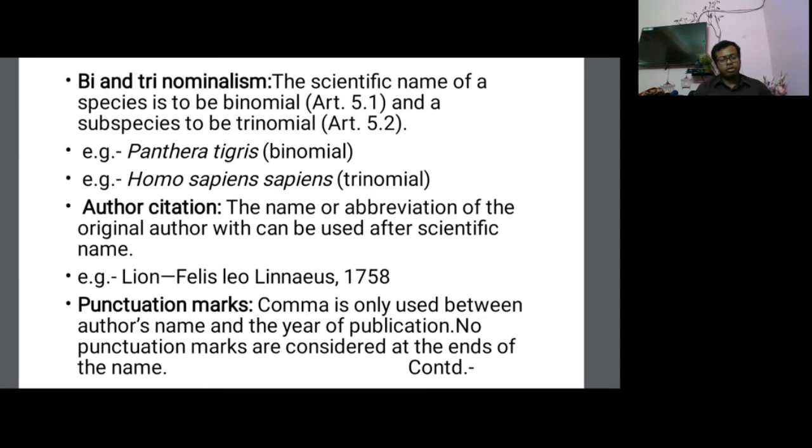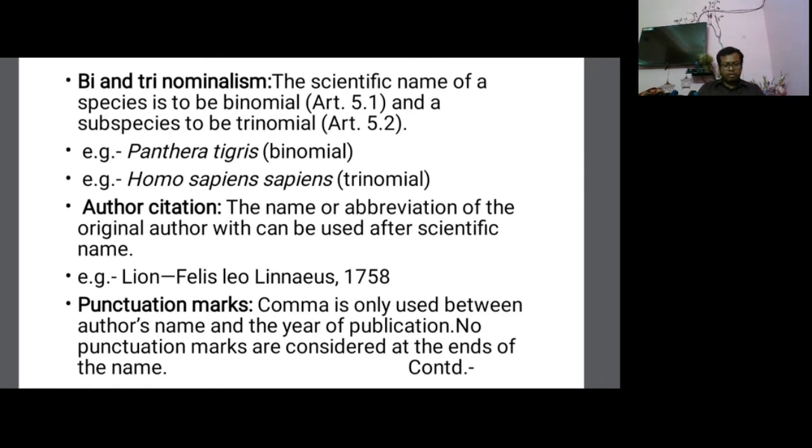The next most important rule of ICZN is author citation. That is, the name or abbreviation of the name of the original author can be used after the scientific name of any animal. For example, the scientific name of lion is Felis leo, and the author of this name is Linnaeus, and he gave this name in 1758.